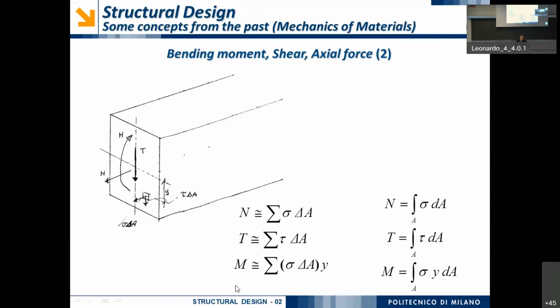And so the axial force and the shear are the summation, the resultants, of these normal and tangential pressures. Bending moment, of course, is the moment of the normal pressures only.